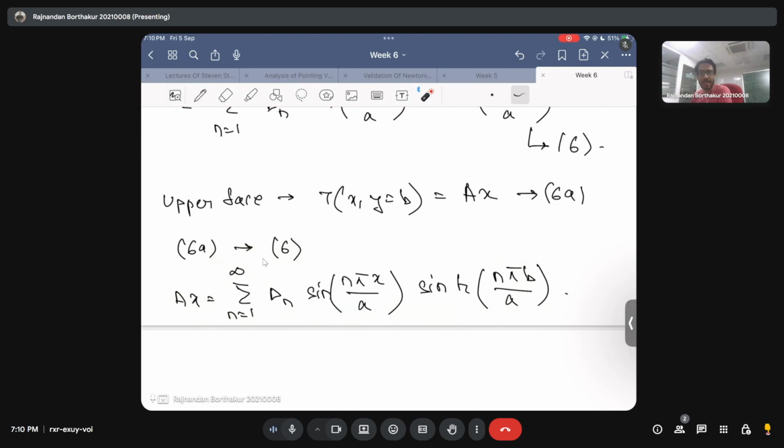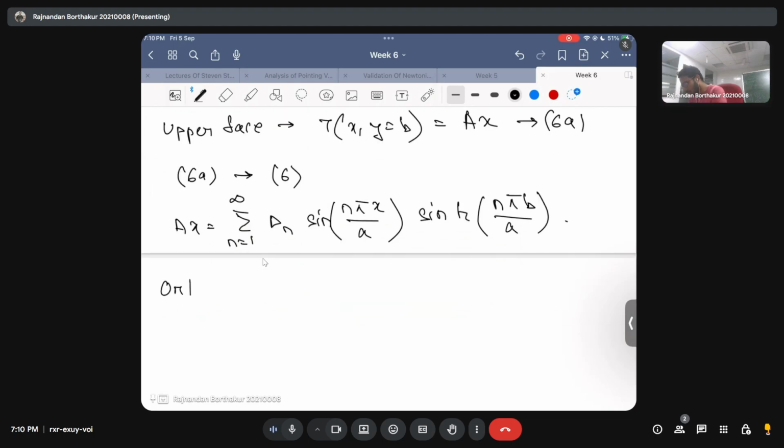Now the question is, how do we calculate these coefficients? These coefficients are known as the weight functions of the orthogonal functions, and we evaluate these coefficients dn, or the weight functions, by using the orthogonality principle.